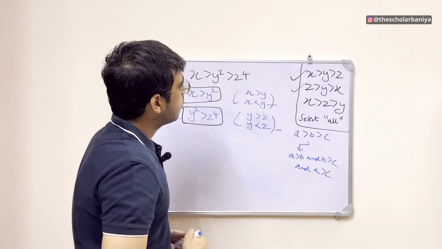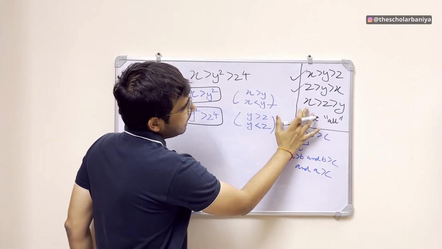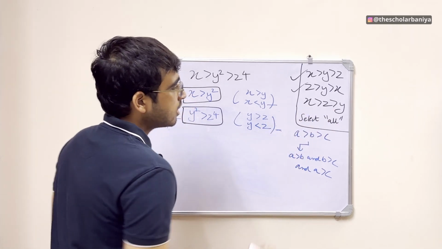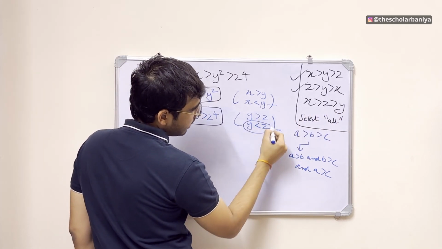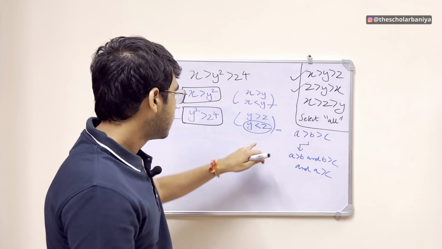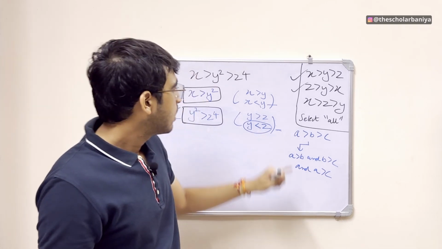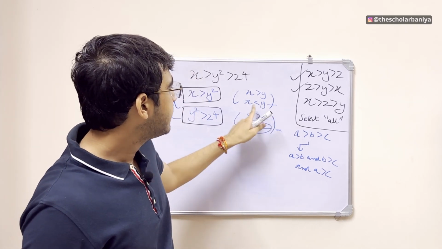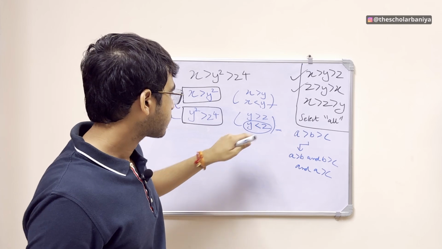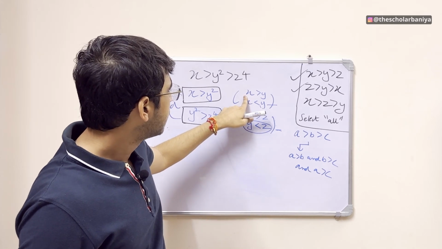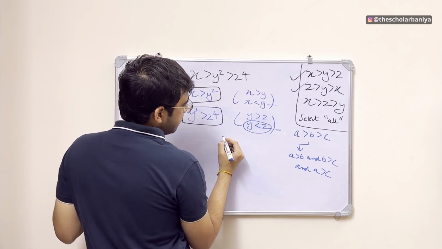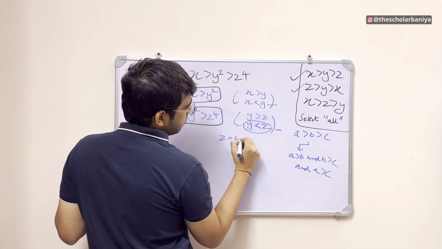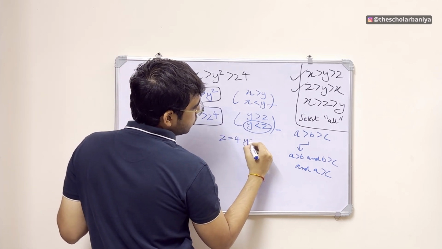Now let's suppose x is greater than z greater than y. If we take this part, z is greater than y, so z can be greater than y, definitely it can be, right? Now we have to see, can x be greater than z? So for example, let's take z equals 4, right, and y equals 2.